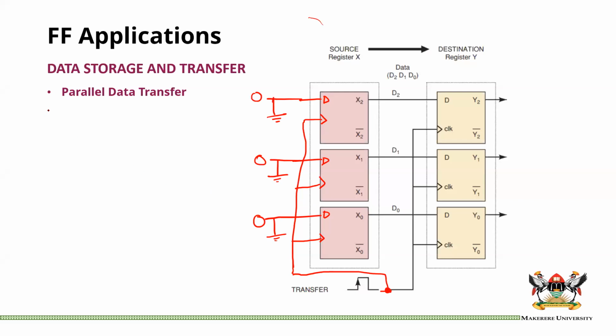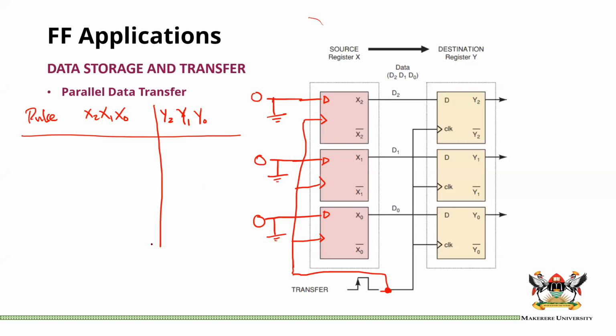Now, we can say pulse. We can say x2, x1, x0. By the way, x2, x1, x0 is the register x, and y2, y1, y0 is register y. So before any pulse, we can say that x was 101, and the y register was 000.